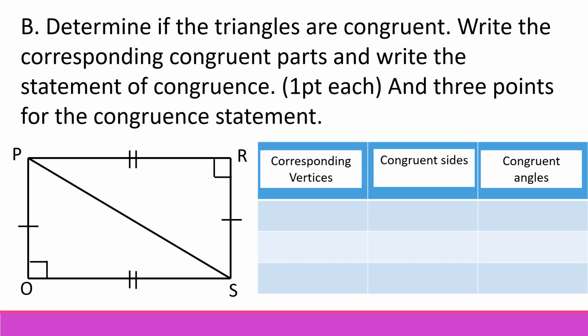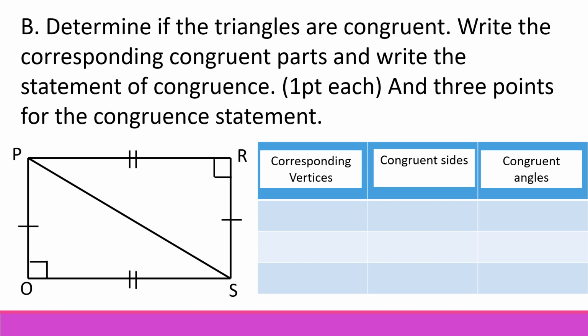Okay, for letter B, determine if the triangles are congruent. Write the corresponding congruent parts and write the statement of congruence. 1 point for that and 3 points for the congruence statement.